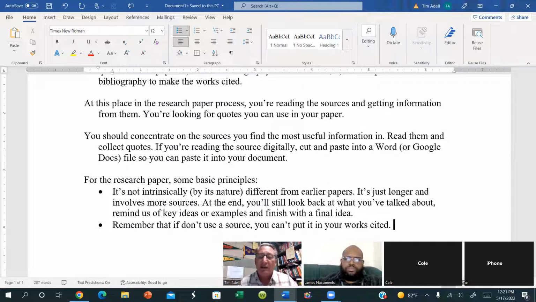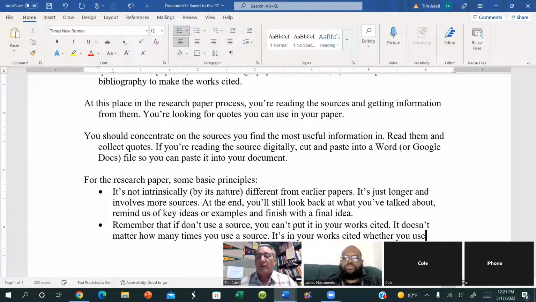The next thing about this, it doesn't matter how many times you use the source. If you use it even once, even if you quote just one word, it's still in your works cited list. It's going to be in your works cited list whether you use it once or 100 times.